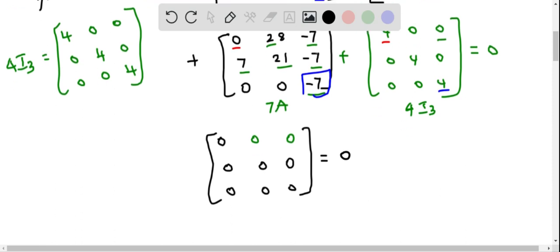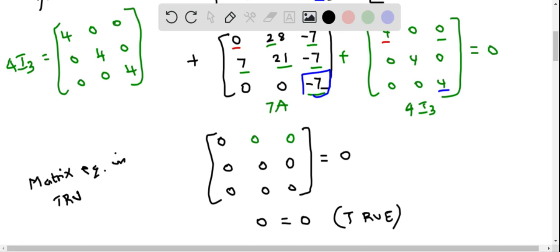This in fact is true. This is a 0 matrix, 0 equals 0. So this is true. So we see that the matrix equation is true, which means we choose yes for this step.